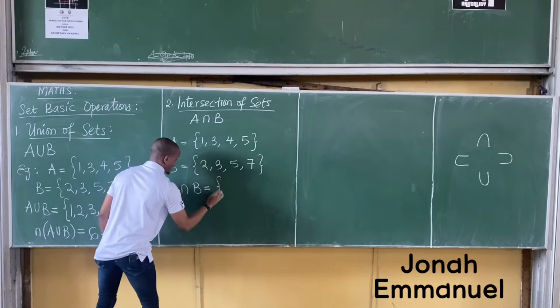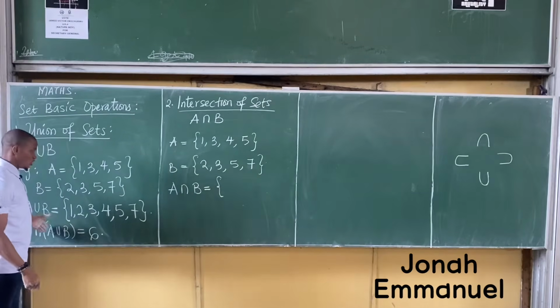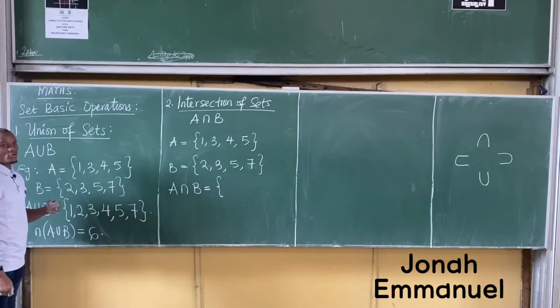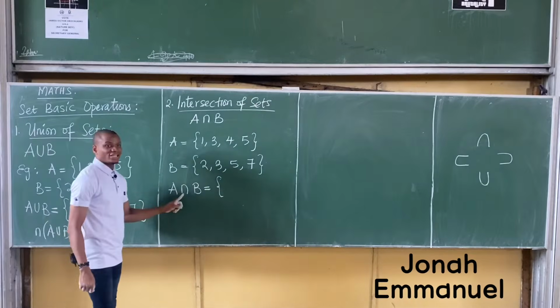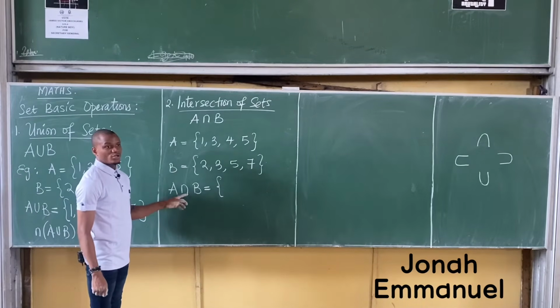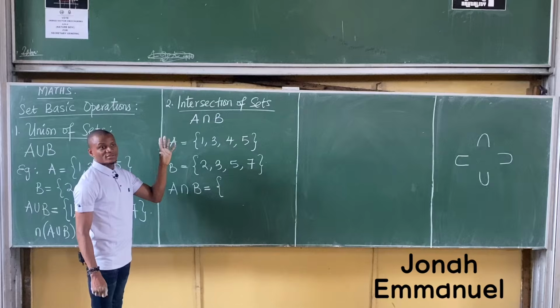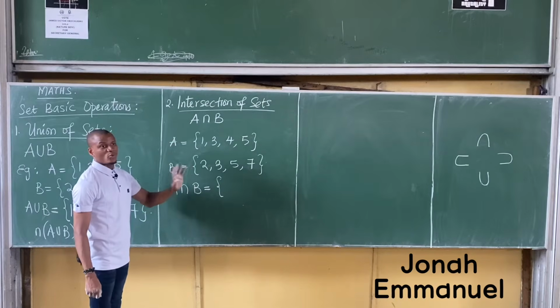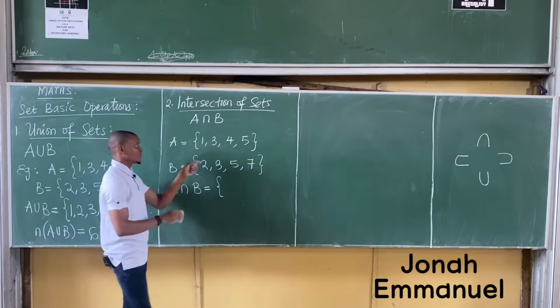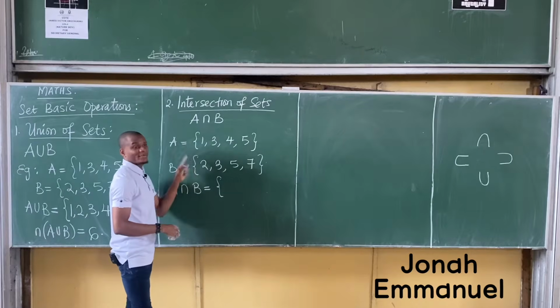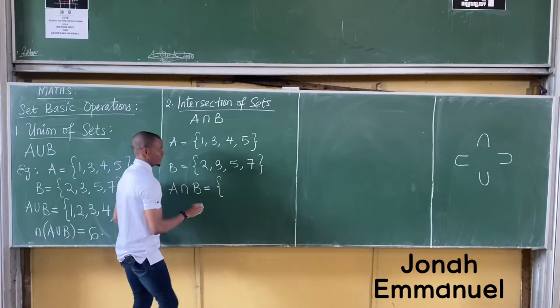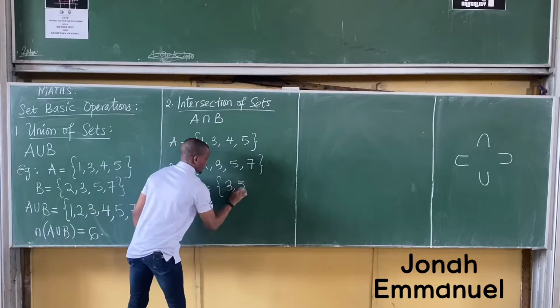Get the difference. When it comes to union, you combine without repetition. When it comes to intersection, what do we collect? The ones that are common to both of them. Which element is common to both A and B? 3 and 5. Becomes 3, 5.